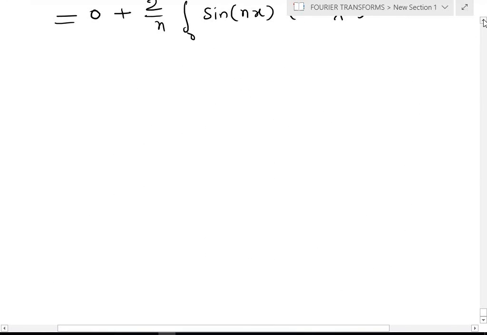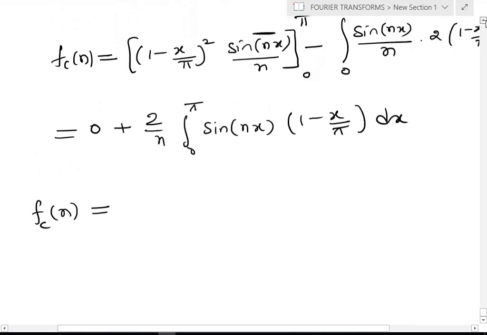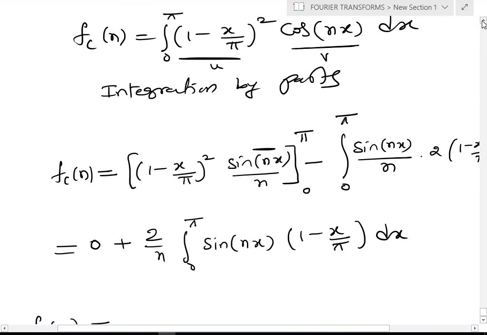So from here what we conclude is that the cosine transformation of n will be equal to this, and then again by parts. So be careful here, what I did here.